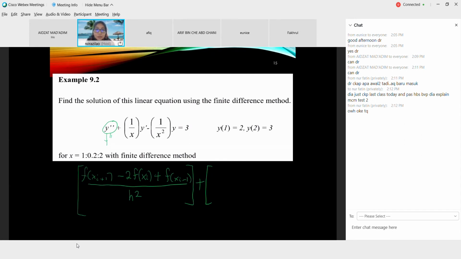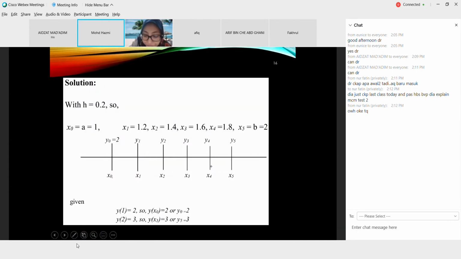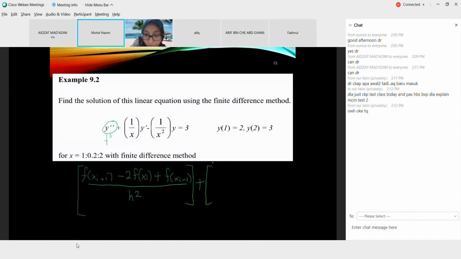Okay, Azmi. Y prime. Give me the equation, because I want to substitute here. Y prime x equals y xi plus 1 minus y xi minus 1 over 2h.